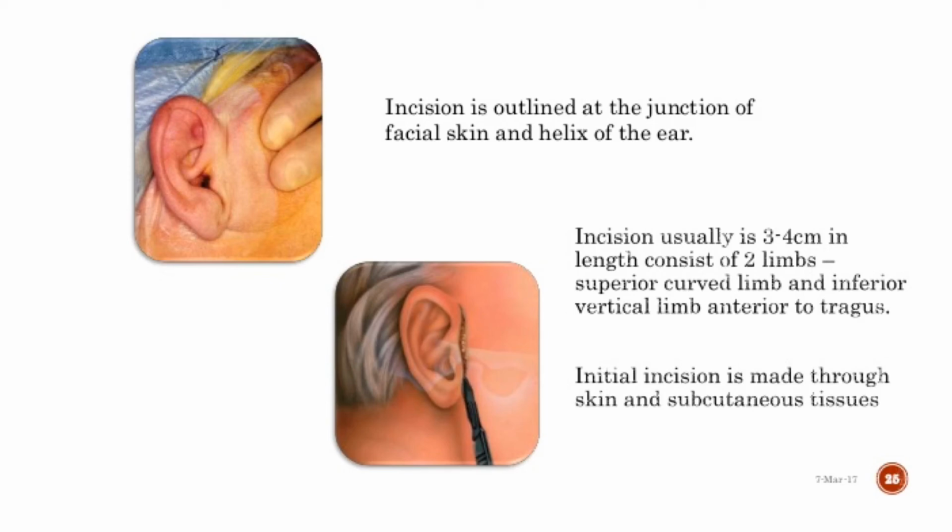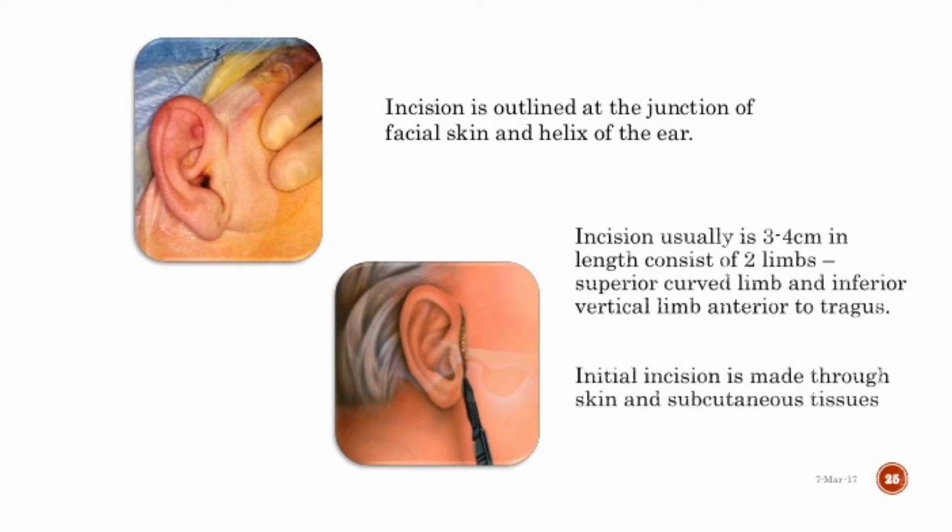The incision is usually 3 to 4 centimeters in length and consists of two limbs, a superior curved limb and an inferior vertical limb anterior to the tragus. The initial incision is made through skin and subcutaneous tissues, followed by dissection along the external auditory canal to avoid damage to the auriculotemporal nerve and superficial temporal artery.